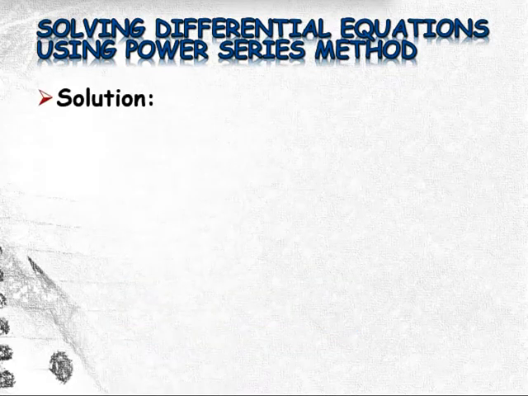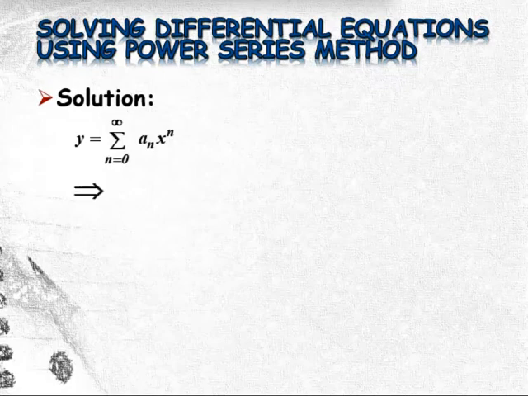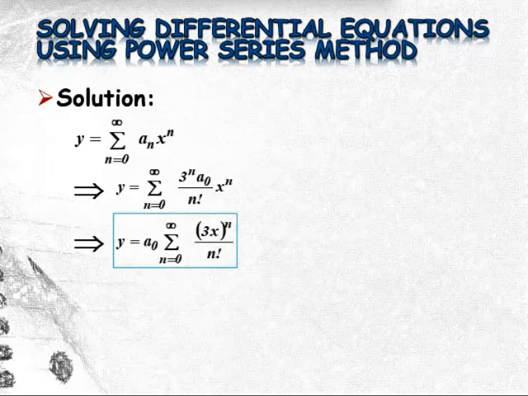Alternatively, we can present our solution using sigma notation instead of addition notation. So the assumed solution is y equals summation of a sub n x to the n from n equals 0 to infinity. We were able to find a sub n earlier, and that is 3 to the n times a sub 0 over n factorial. Using algebra, we can have the solution as y equals a sub 0 times the summation of 3x raised to n over n factorial from n equals 0 to infinity.